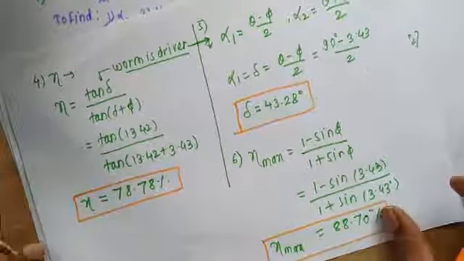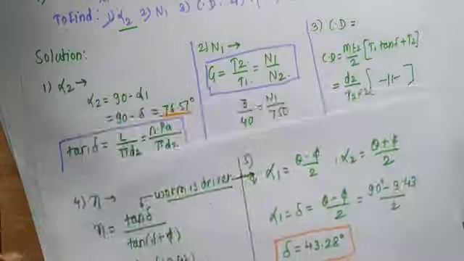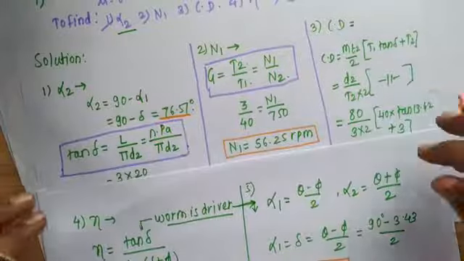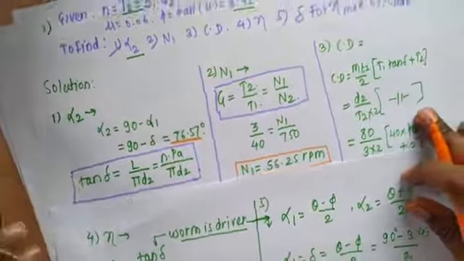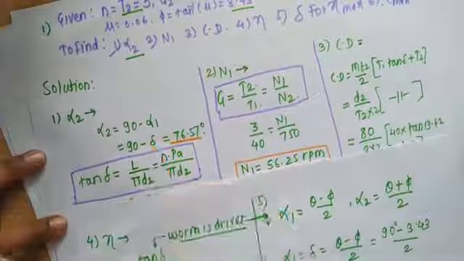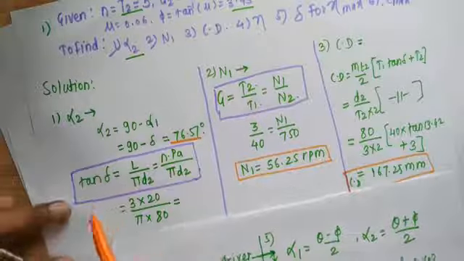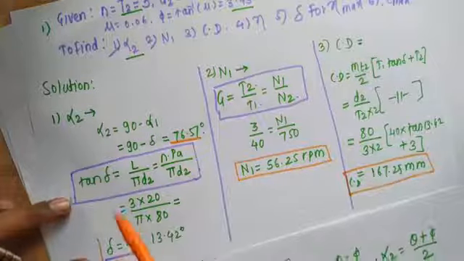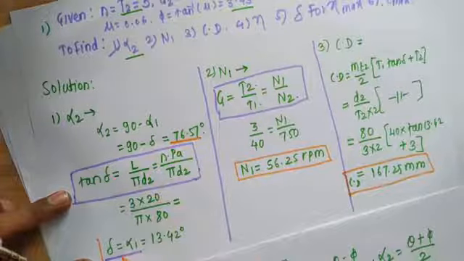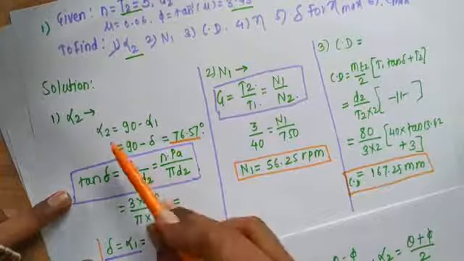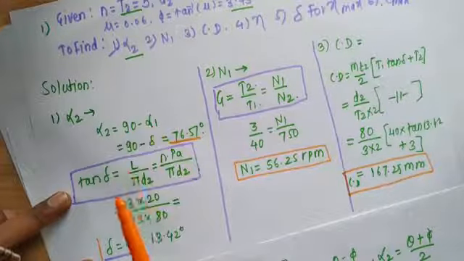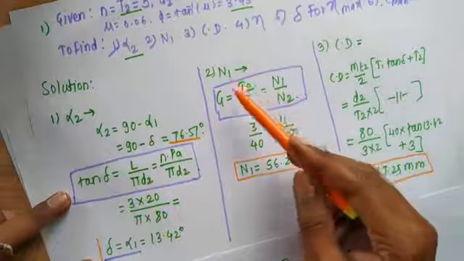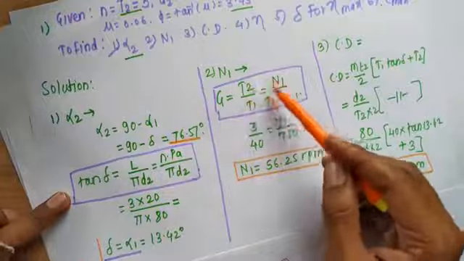You can see again what we discussed in the numerical. Based on the given data, I have to find alpha 2. For finding alpha 2, we use this formula. As we know alpha 1 is equal to delta, and we know this relation, we get the value of delta. Once we get delta, we can find alpha 2 by using 90 minus alpha 1. Then to find the speed of the gear, we use the gear ratio formula.